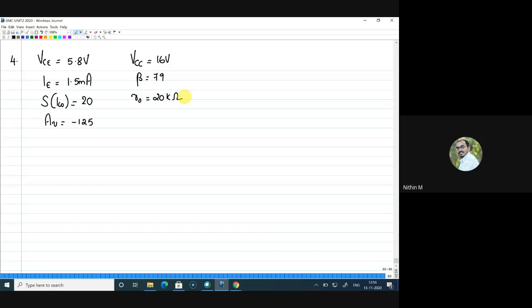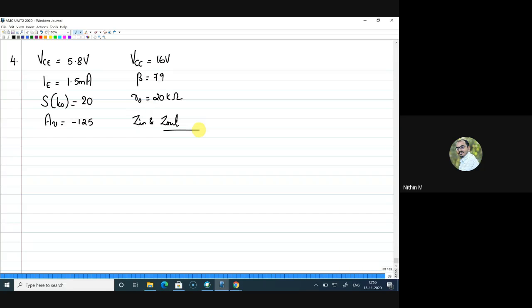Now with all these specifications, you are supposed to design the values of R1, R2, RC, and RE. After that, you should also find the input impedance and output impedance values. So this is quite a big question, and you can expect this kind of question in your exam, maybe for 10 marks or 12 marks, right?